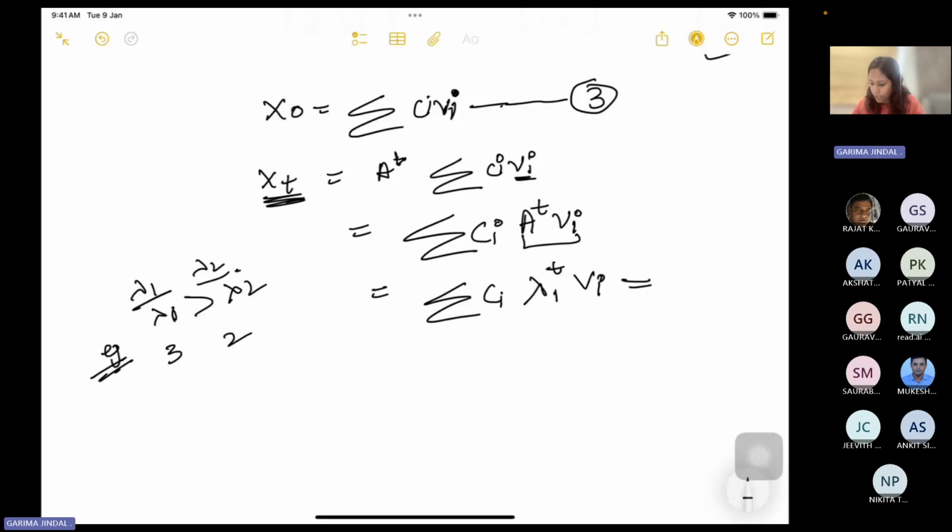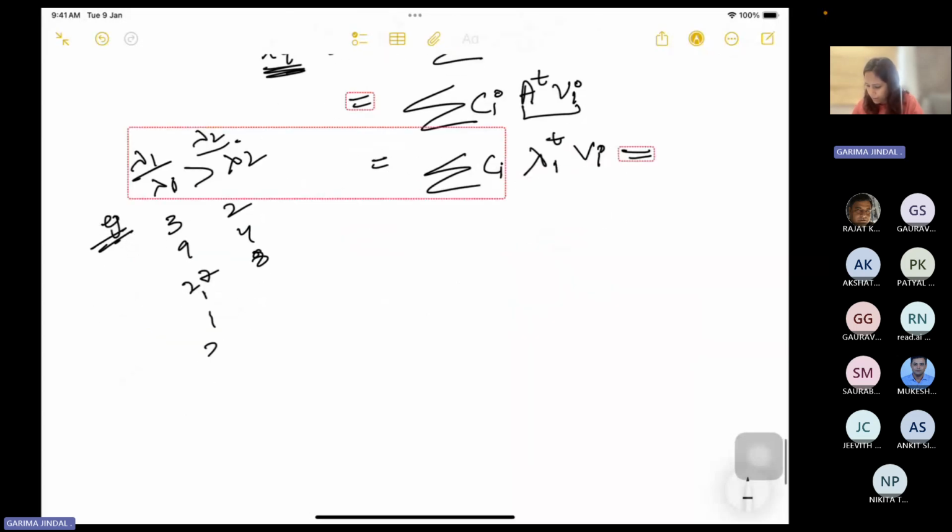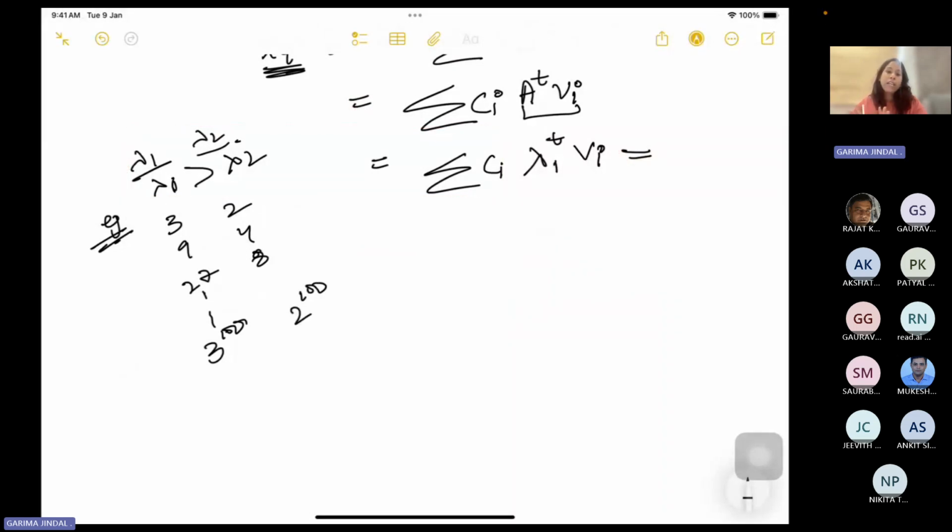When we square it, the square of 3 is 9 and of 2 is 4. This is 27, this is 8. You see that 3 raised to power 100 and 2 raised to power 100 will have a huge difference in these two values.